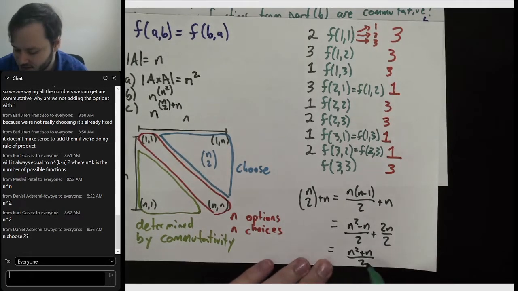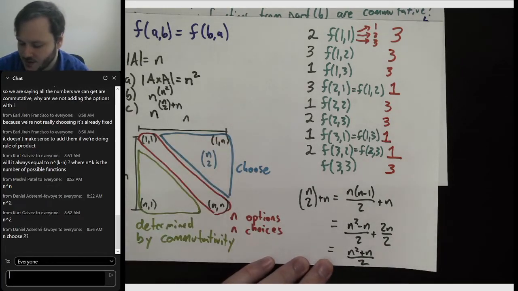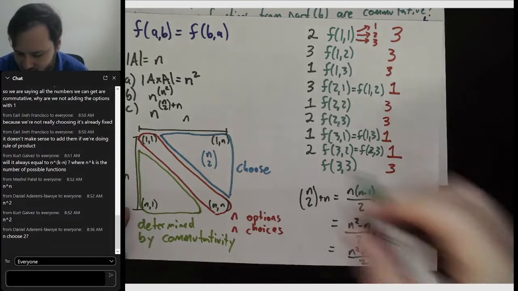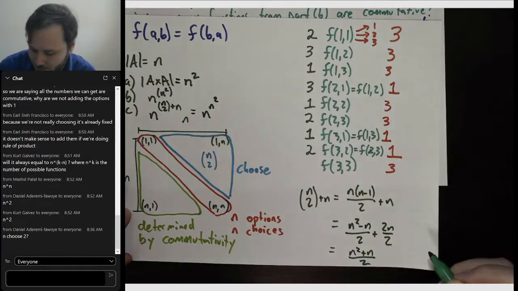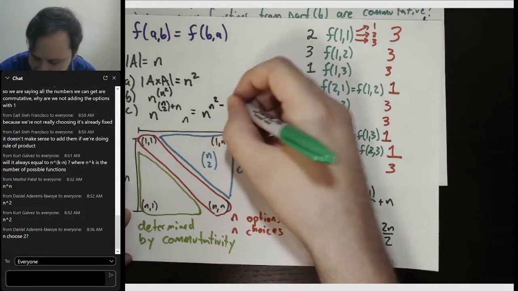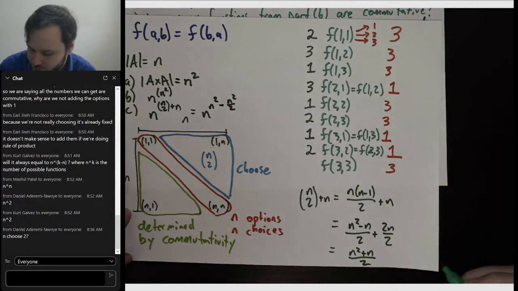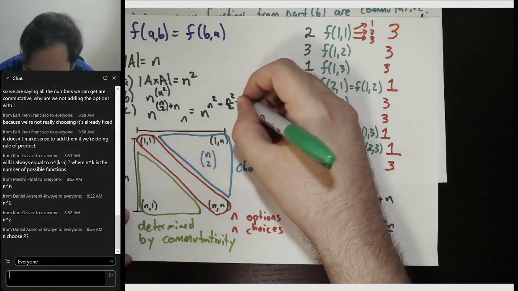And you can see that n squared plus n divided by 2 is smaller than n squared. We can figure out exactly what the difference is. It's n to the n squared minus n squared over 2. And then I need to add back an n over 2, which I'm going to write like this.